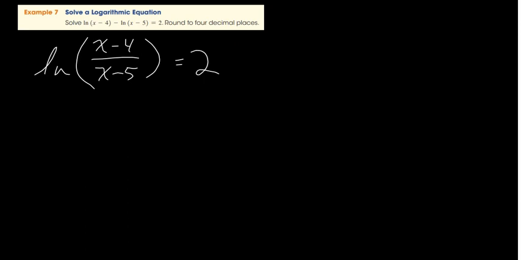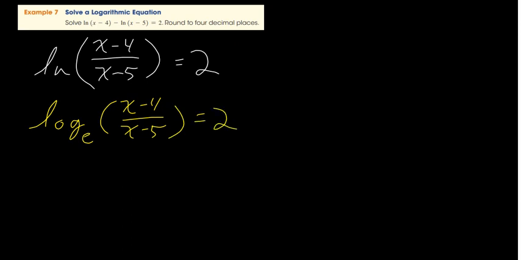Okay, so we know that the natural log is essentially written like this: log base e of x minus 4 over x minus 5 is equal to 2. That's essentially what the natural log is, right?